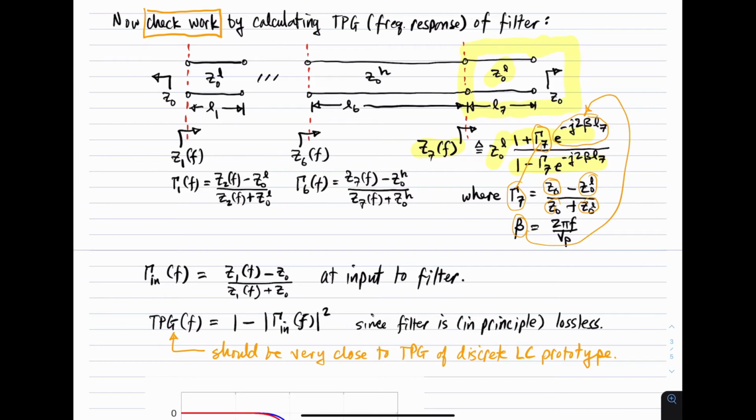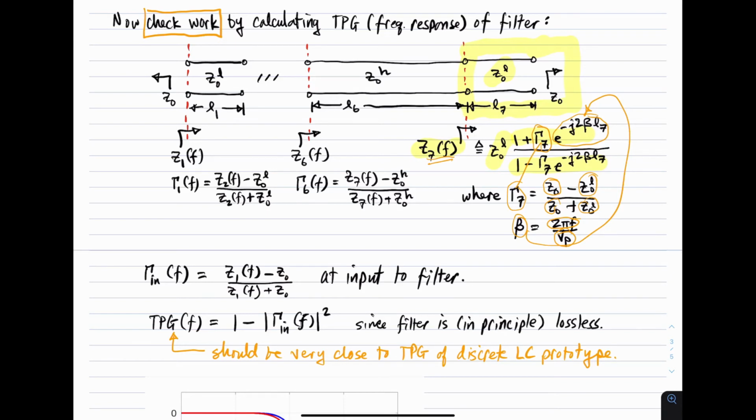Not the phase propagation constant at the cutoff frequency, but rather the actual phase propagation constant at the frequency that you're actually considering. And that is 2 pi f divided by phase velocity. So you have everything you need to get Z7, the input impedance into that last segment.